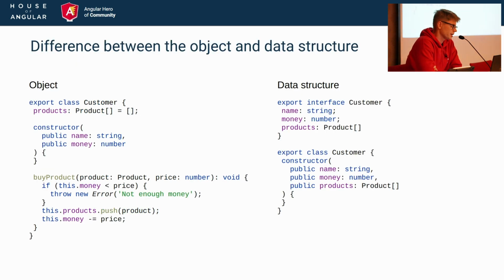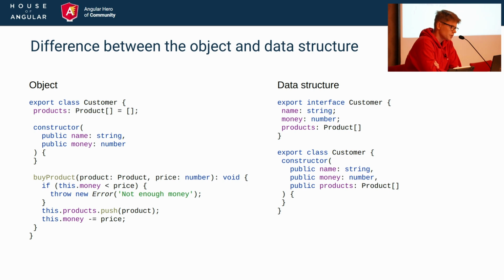But as I said at the beginning, in Angular, we mostly use data structures, not objects. And I will explain the difference between the two. On the left, you see the object, because instead of having information about the data shape, the data structure, you have the behavior of the object. And on the right, we see the data structure. In TypeScript, there is no definition of a data structure.